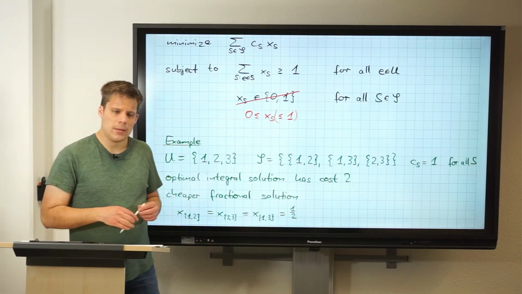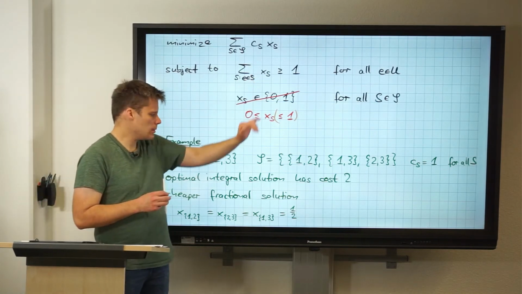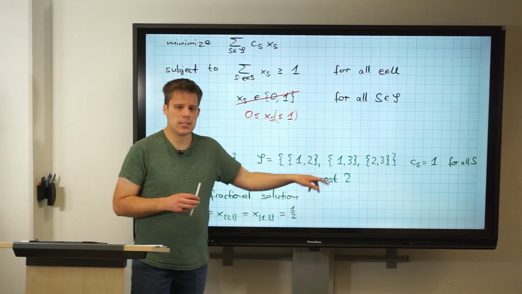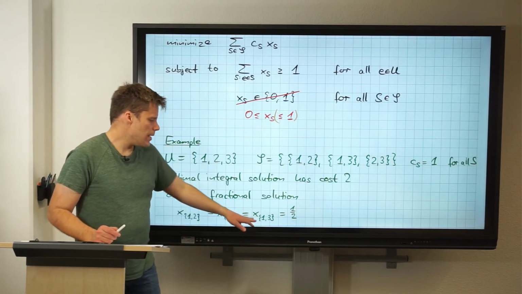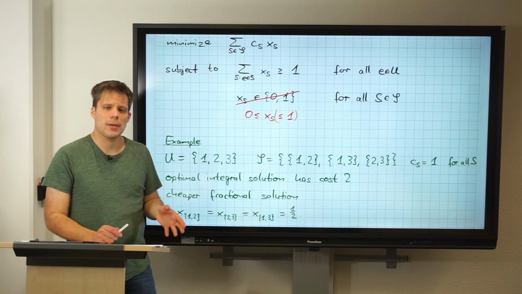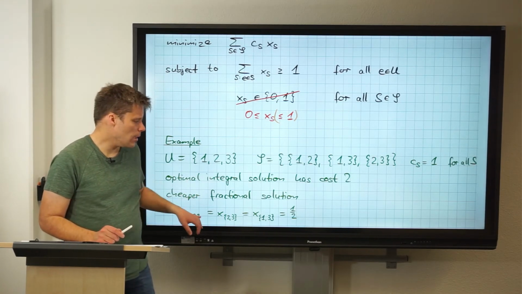What will happen now? Why is this a feasible solution? Well, for every element, we have 2 sets that cover this element, and their respective values sum up to exactly 1 in this case.